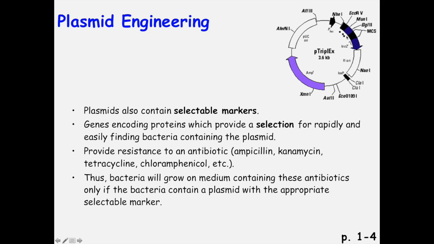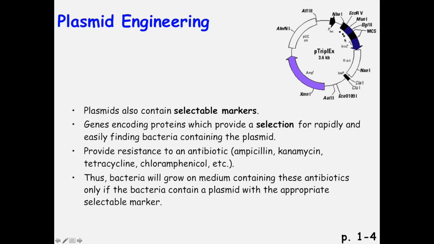Your insert is inserted in this region and will disrupt this gene. This gene allows the bacteria to digest a molecule similar to lactose, with the same binding sites. If the bacteria produce this protein, it can digest the X-gal on your Petri dishes and turn blue.